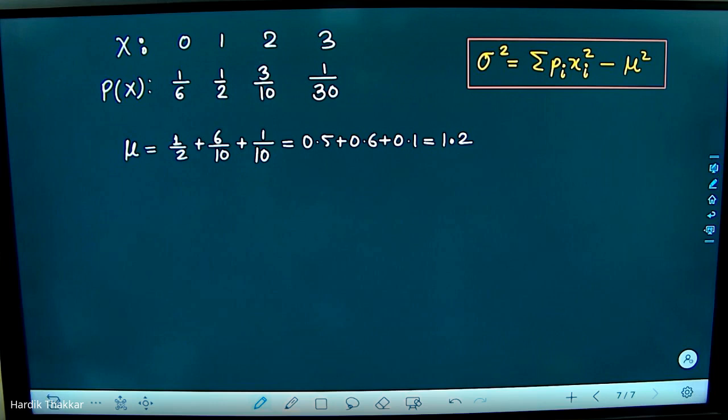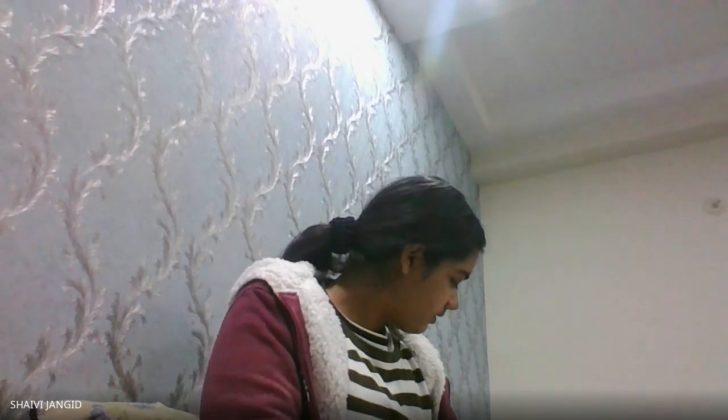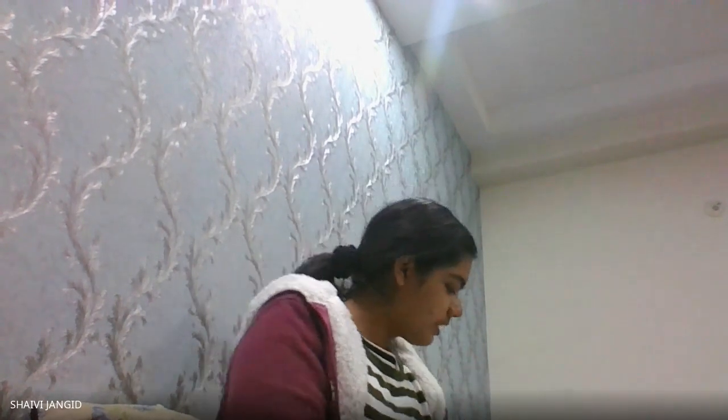Just read question number 7 and check and tell me whether you are able to solve this or not. So maybe once we can solve the seventh question. Okay. So we have to form the sample space also for three coins.